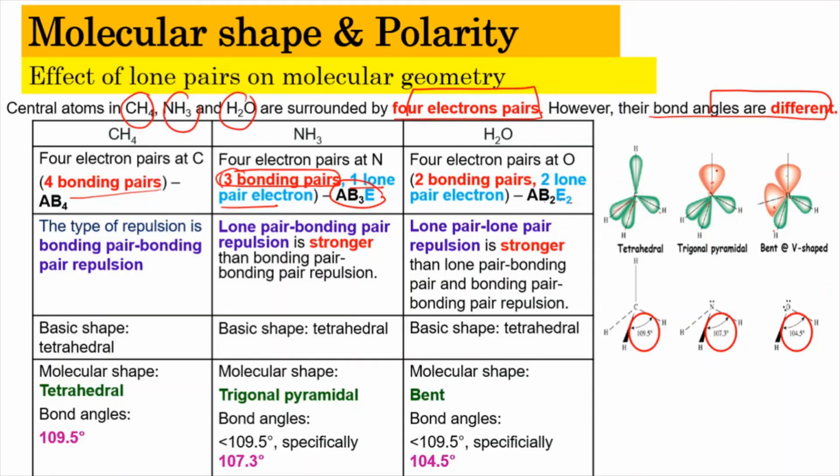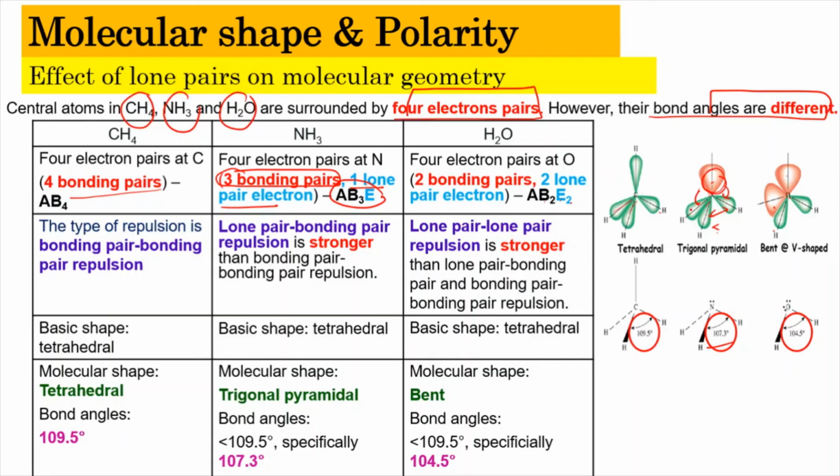And because of the presence of the lone pair, it's going to push the bonding pairs much more strongly, and as a result, the angle will get smaller from the original tetrahedral shape adopted by CH4. So the original angle here is 109.5, but because of the presence of a lone pair, it's going to get smaller, which is 107.3.